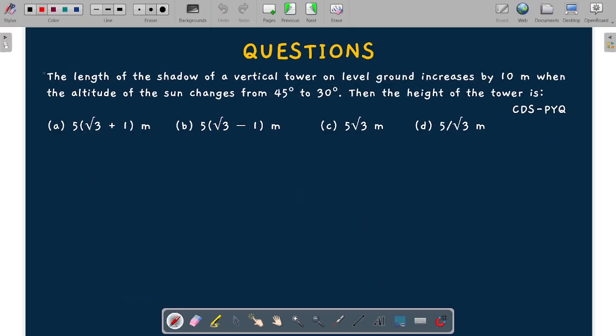The next same type of question. The length of the shadow of a vertical tower on level ground increased by 10 meters. So first of all we will draw the same right angle triangle.